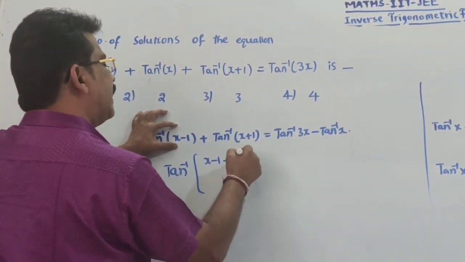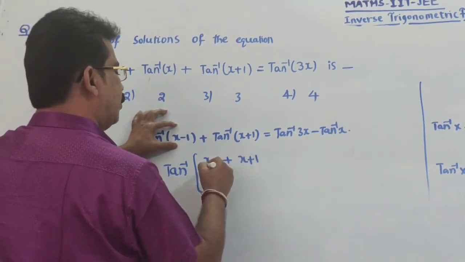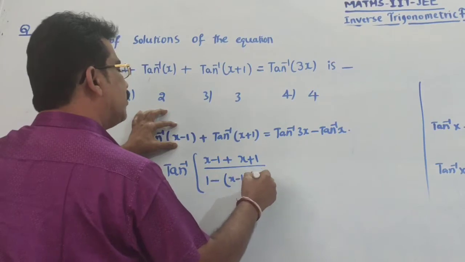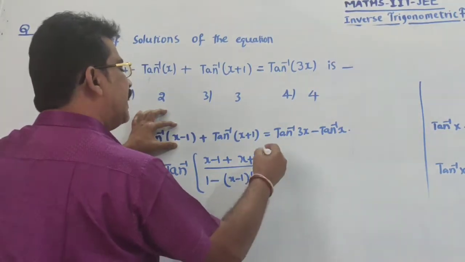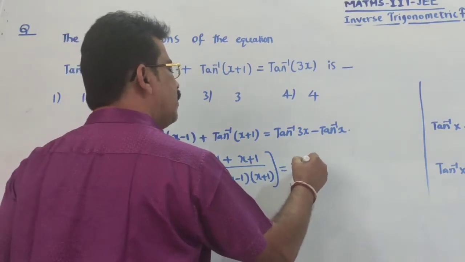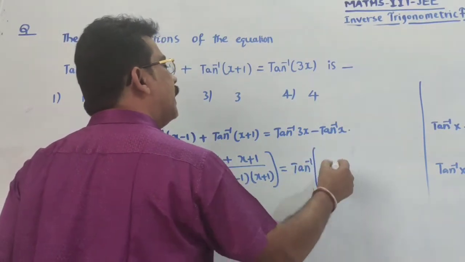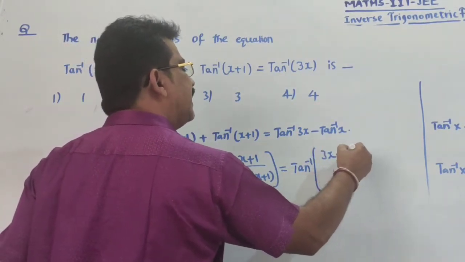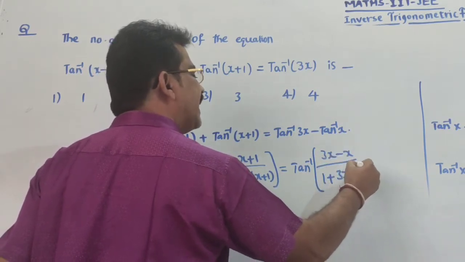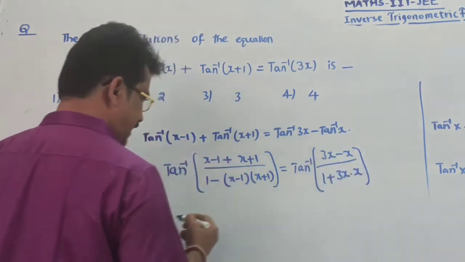x minus 1 plus x plus 1 divided by 1 minus x minus 1 into x plus 1, that is equal to tan inverse of 3x minus x divided by 1 plus 3x into x.